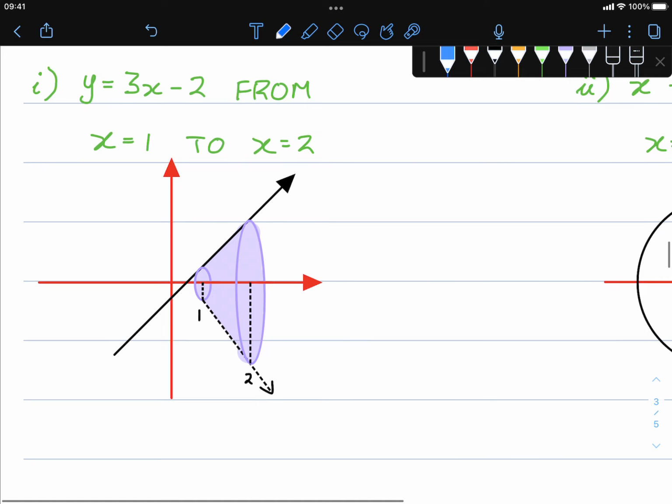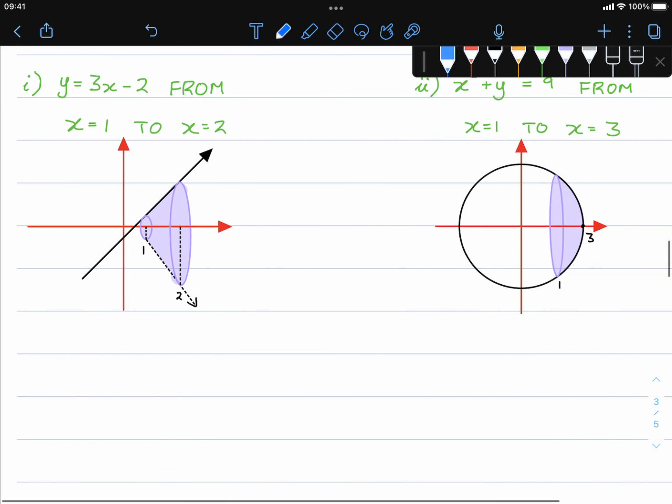So for this, we establish first our volume formula. Volume equals pi times the integral from the two boundaries, x equals 1 and x equals 2, of the function y squared.